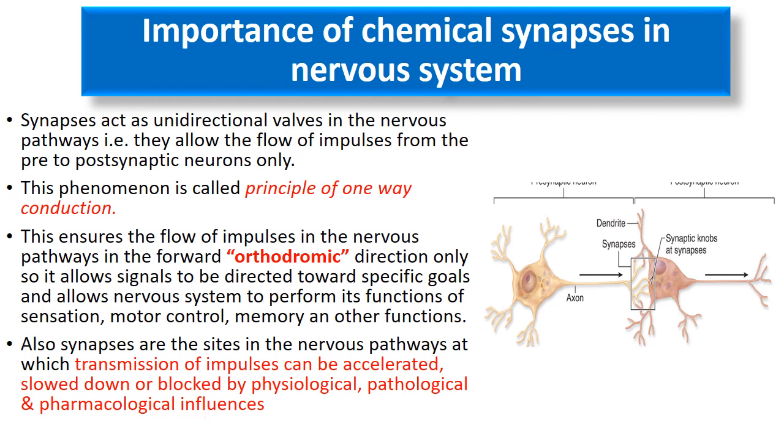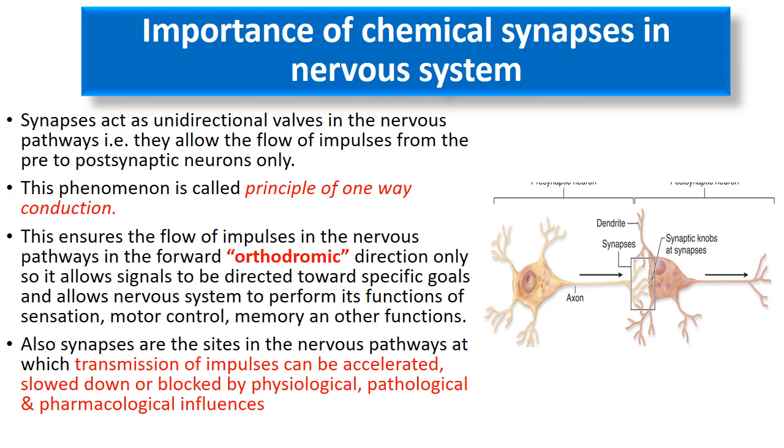It is very important. It means the impulse is going only in the forward, or orthodromic, direction so that the specific goal will be achieved. Otherwise, the impulse would move in both directions and be lost.